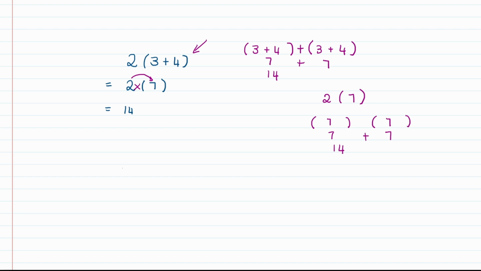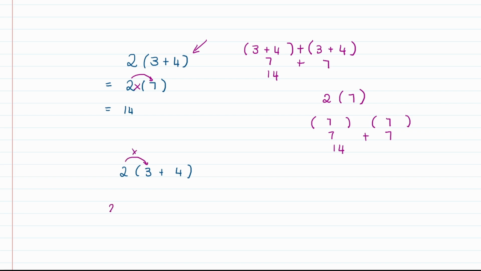The same can be seen below, where we add the other 2 7s from the brackets together, which again gives us 14. There is still another way to look at this, which is commonly referred to as the distributive property. This says that when there is a number in front of a bracket, we multiply the number by everything inside the bracket.